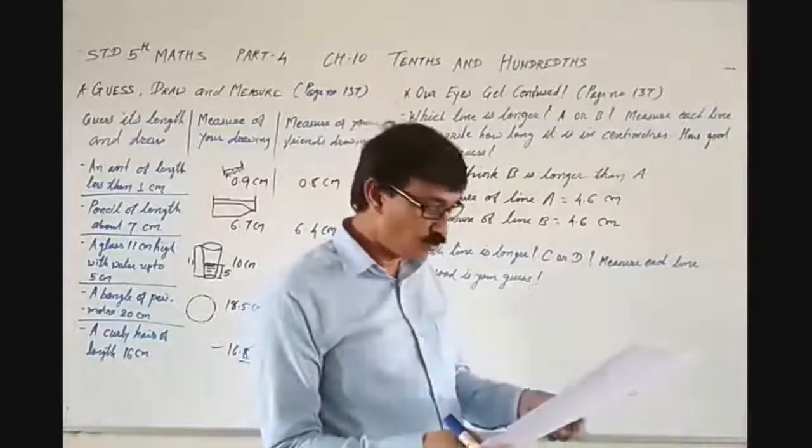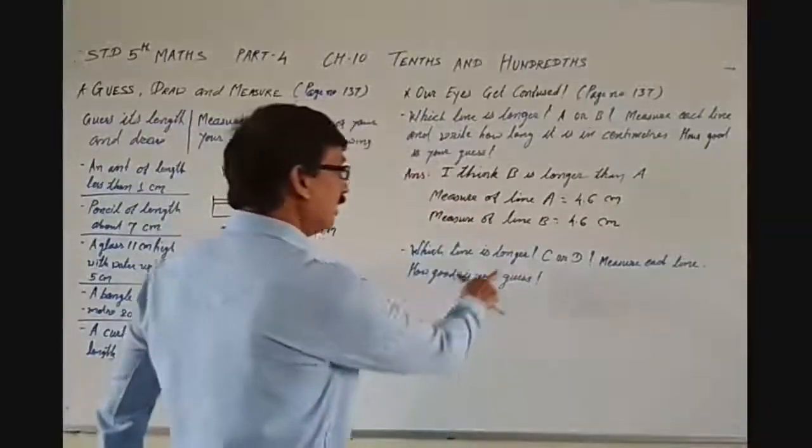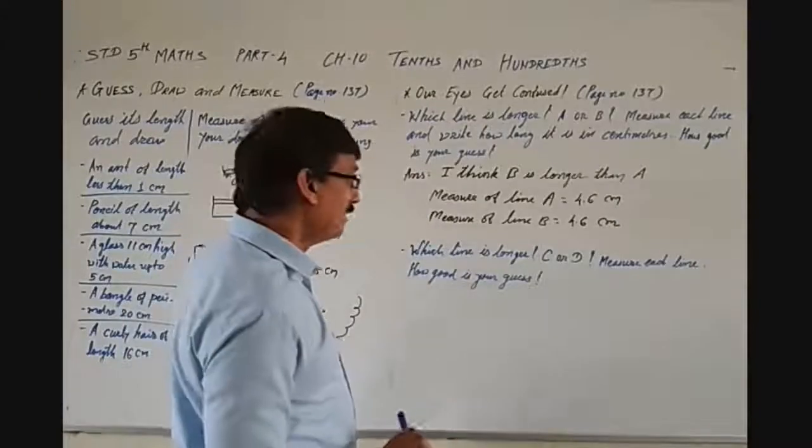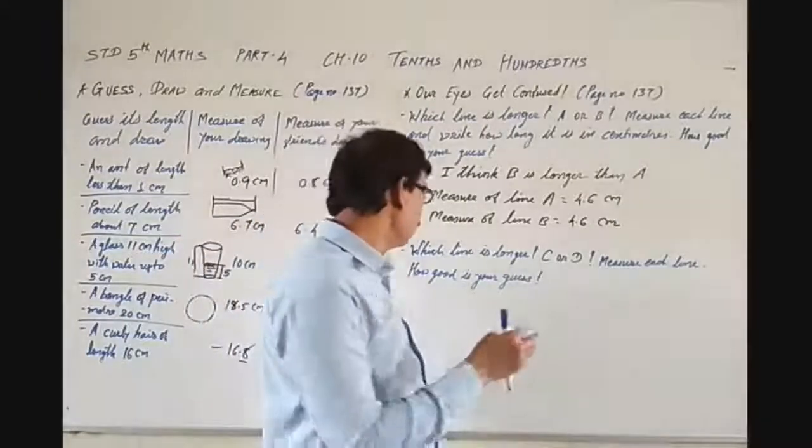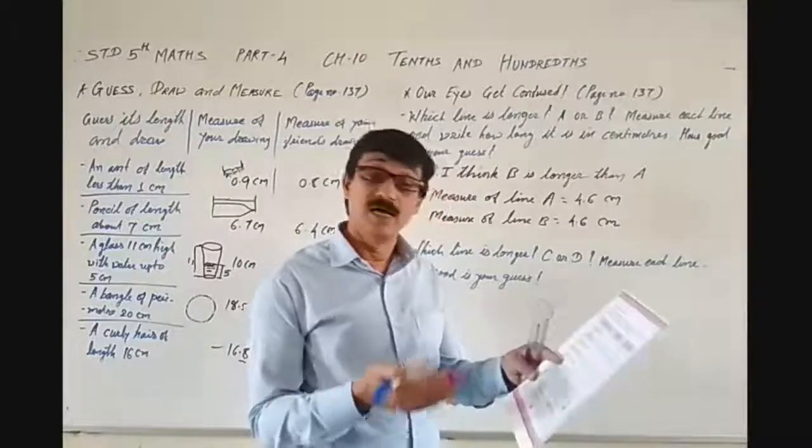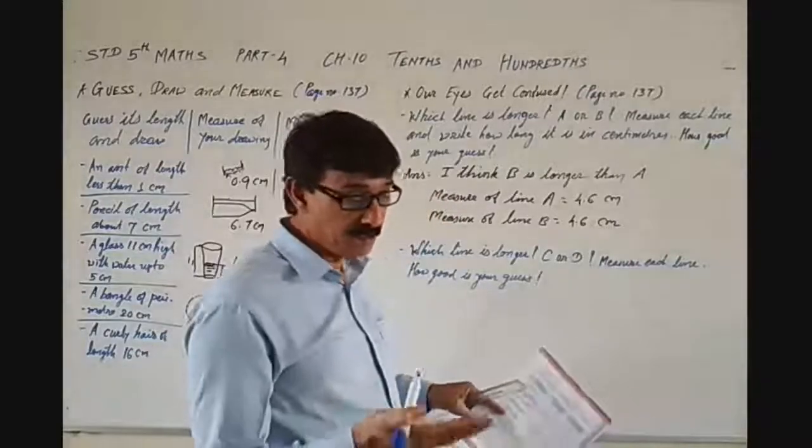Now another question is also there. Which line is longer, C or D? Measure each line and how good is your guess? In the same way you have to answer.